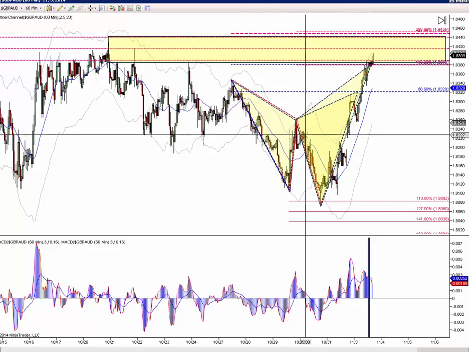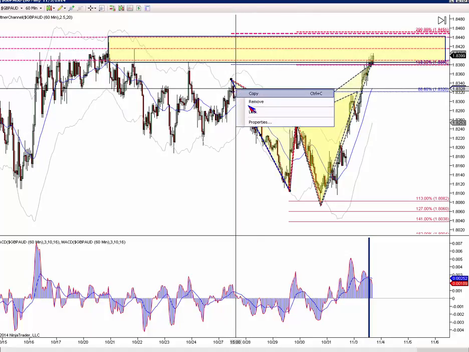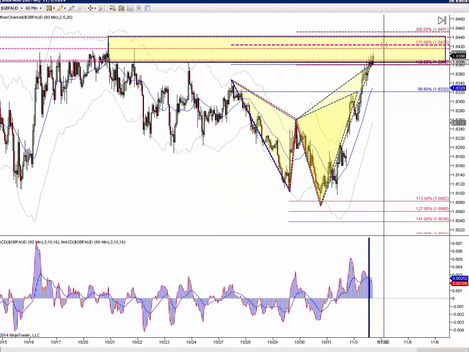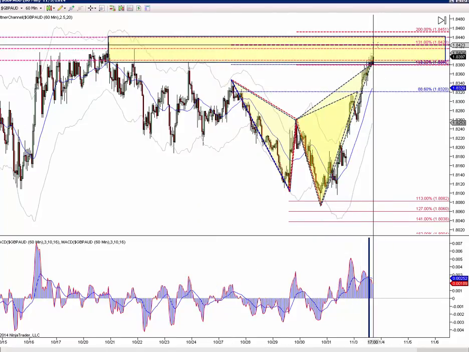Let me just fix this risk. All right, so we go right above the 1272 extension. So right here is where your risk would be.